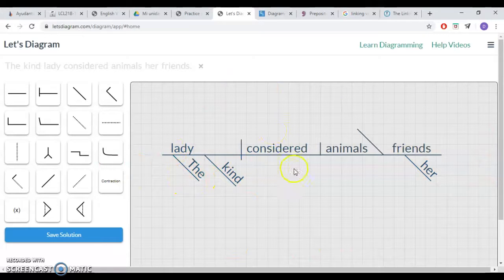The kind lady considered animals her friends, okay. So similar to the linking verb, this complement is saying something about the object, not saying something about the subject. This is saying something about the object, so it is the object complement, okay.